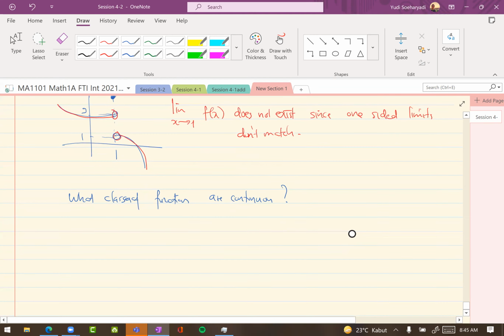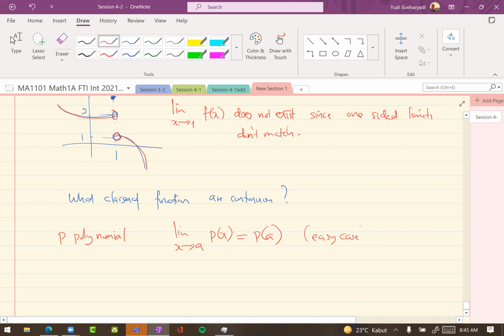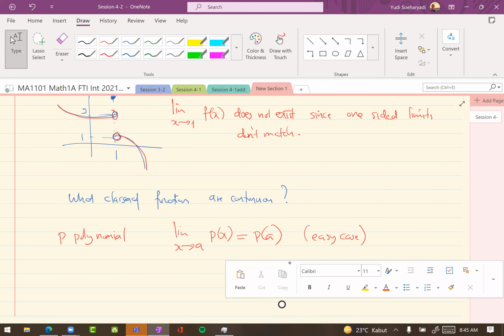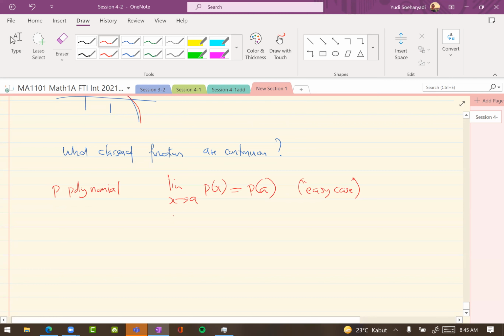Well, we know that if P is a polynomial, then the limit always exists, and it's the easy case. That means P is continuous at any a.